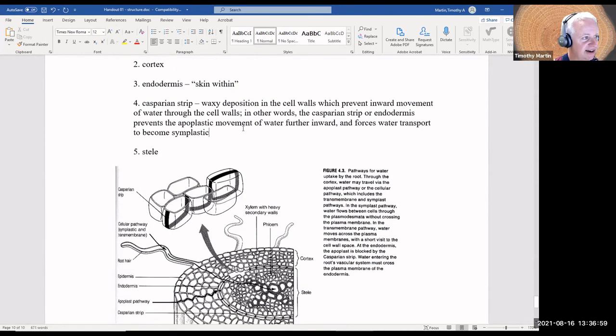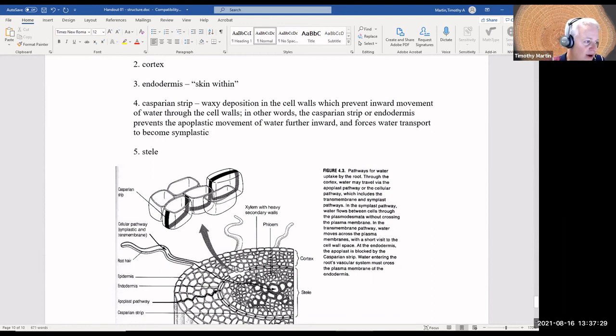So just to clarify that, I'll let you copy that down, but in the outer parts of the root system, water uptake can happen in two ways. Water can enter, for instance, a root hair or an epidermal cell and be transported across cell membranes from cell to cell, within cells, all the way to the xylem in the inner part of the root.